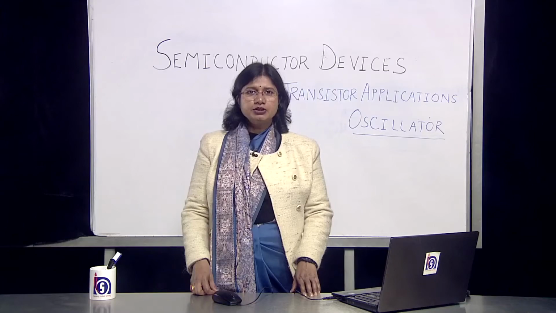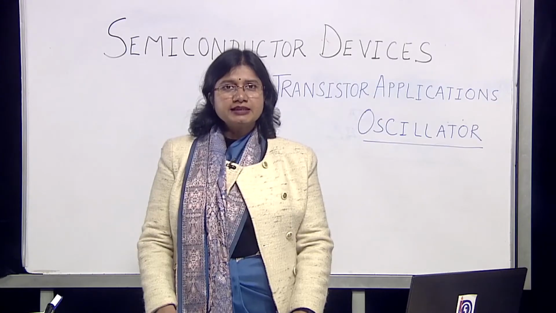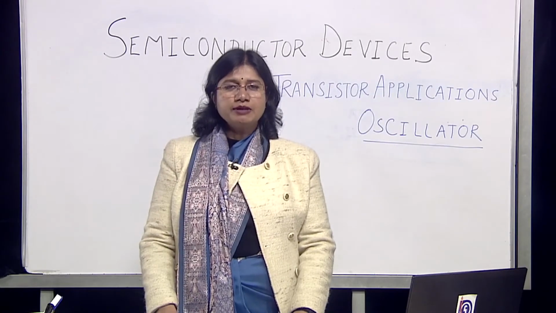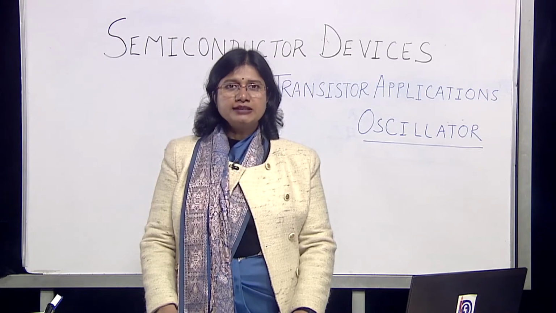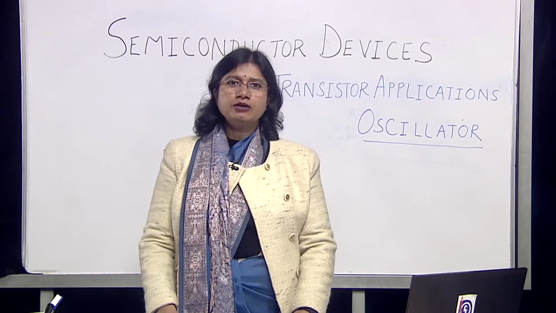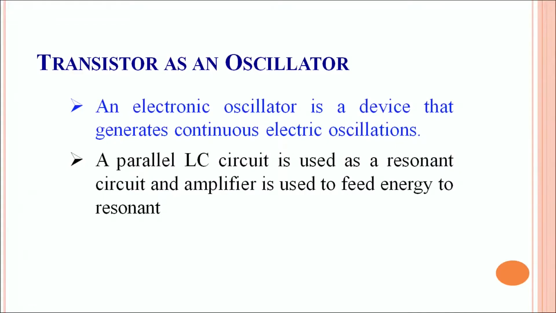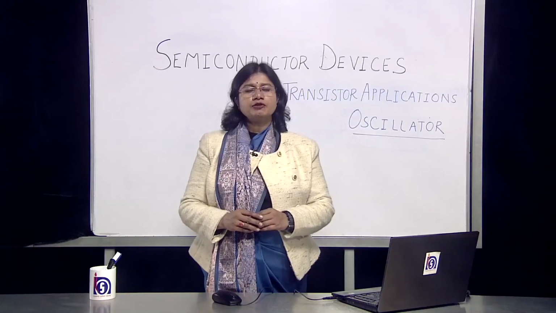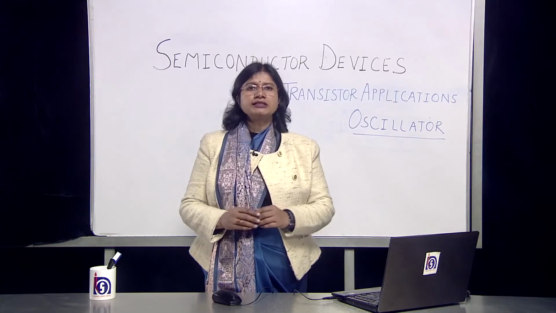Let's begin the topic. The transistor is possibly a very good oscillator. So let's first of all understand what is an oscillator. An electronic oscillator is typically a device that is capable of generating continuous electric oscillations. A large number of electrical devices make use of transistors as an oscillator.